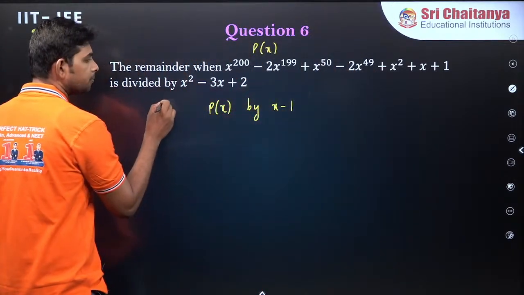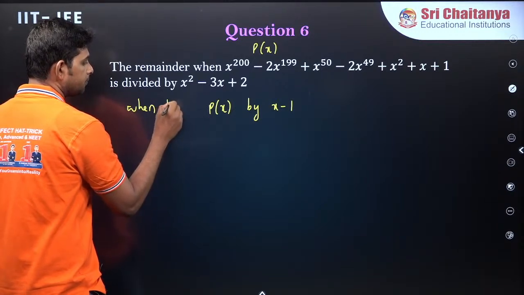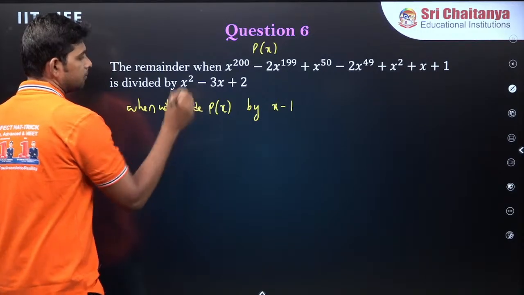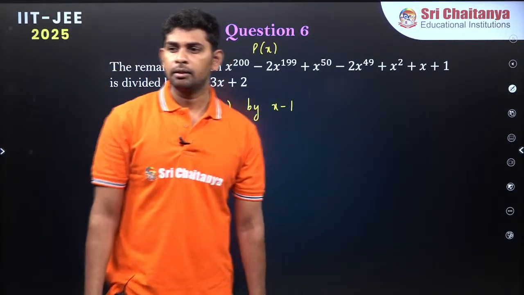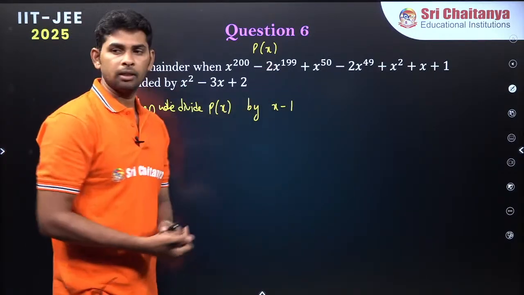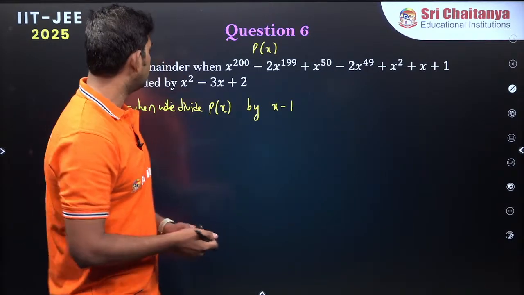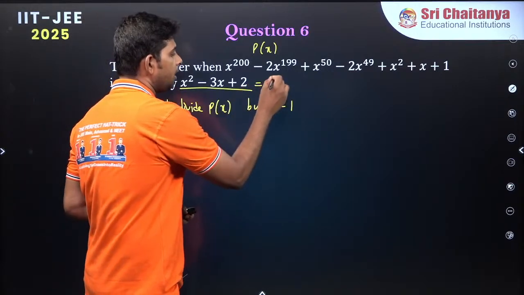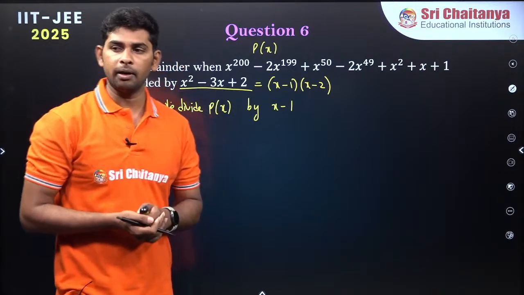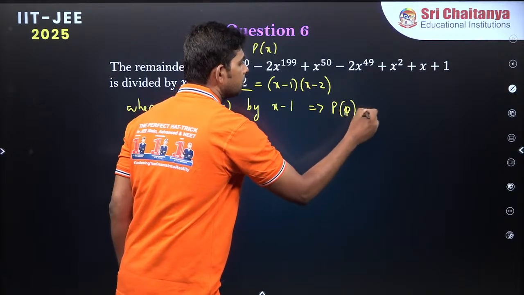So when we are dividing x minus 1, substituting x is equal to 1 in this, what do we get? Please check that. x is equal to 1, if you are going to substitute. Now I am not asking for the factors here. The factors you have already given, that is x minus 1 into x minus 2, very good. So I am asking when you are going to divide by x minus 1, because if you are going to substitute that, P of 1 is equal to, you are getting 1.